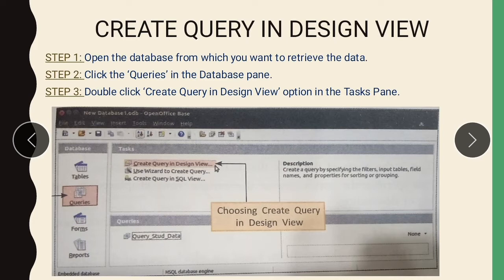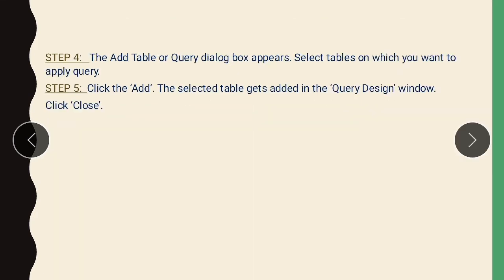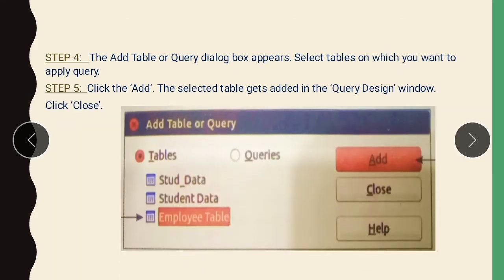So when you click on this option, you can see a window like this, add table or query. So in this you want to select the tables on which you want to apply query. So there are 3 tables. Out of this I am going to select the employee table.